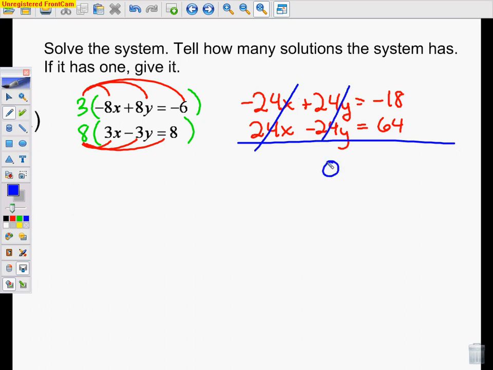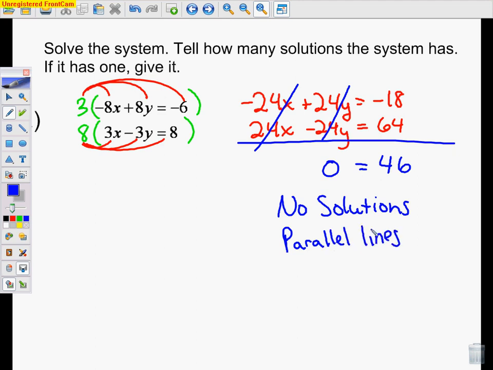That leaves you with 0 on the left equals 46 on the right. Now, when does 0 equal 46? It never does. So this means that there are no solutions, because those two equations represent lines that are parallel.